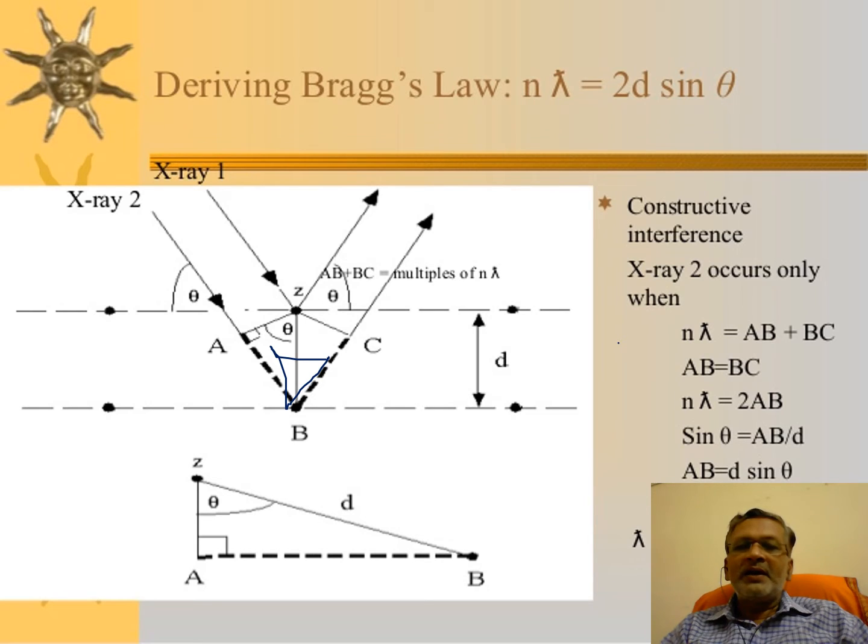If you take the triangle, sin theta is AB, the opposite side, divided by d, the interplanar spacing, which is the hypotenuse. Therefore, AB is equal to d sin theta. So n lambda is equal to d sin theta plus d sin theta, which is 2d sin theta. Therefore, the derivation of Bragg's law is very simple: n lambda is equal to 2d sin theta.